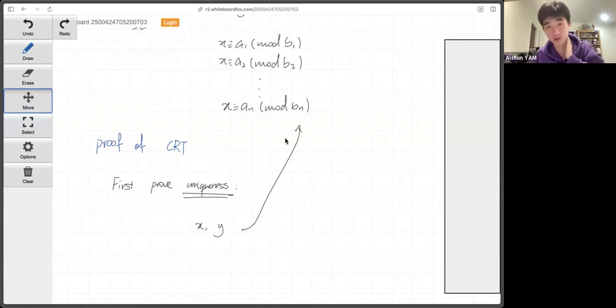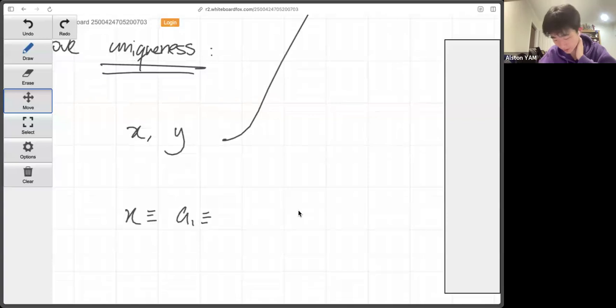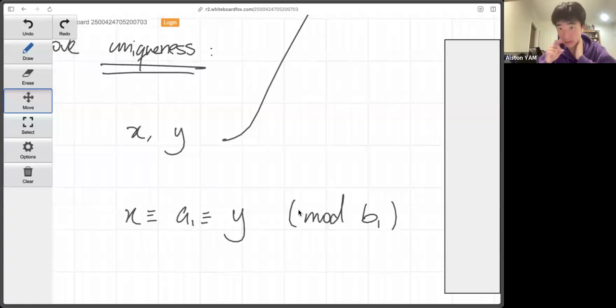And y is also congruent to a1 under mod b1, and so on, and it just keeps going down. In other words, x is congruent to a1, but a1 is also congruent to y under mod b1.